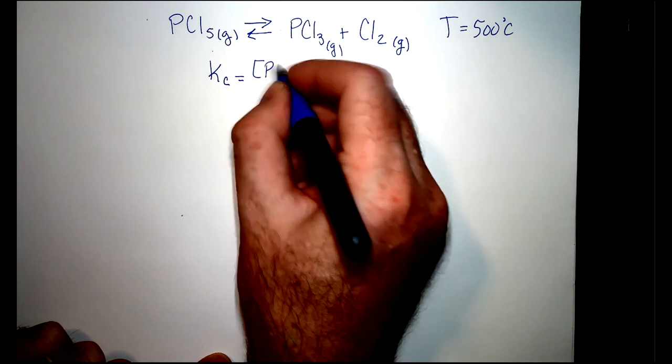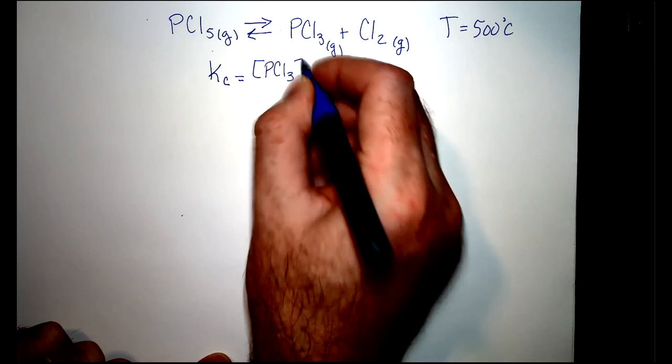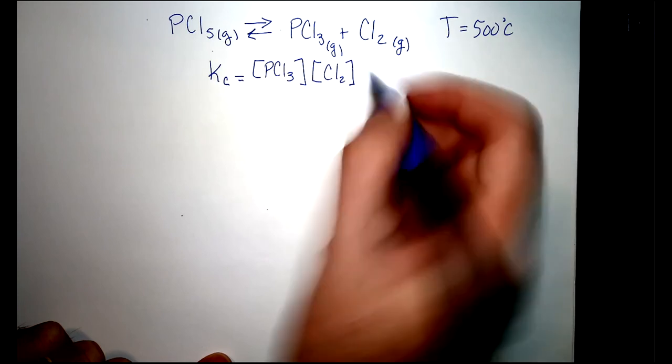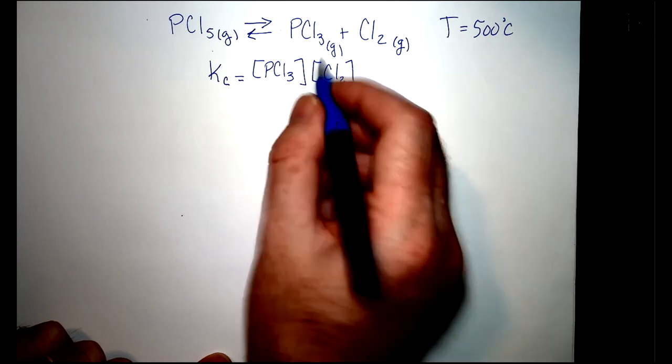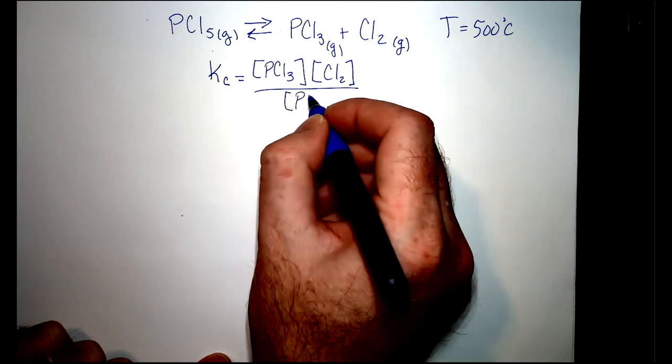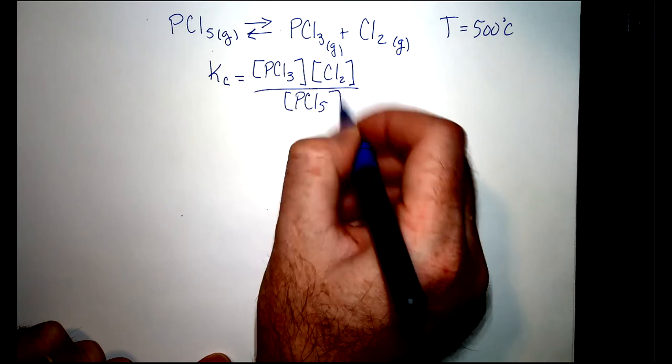So it's going to be PCl3 times the concentration of Cl2. All the coefficients are 1 in this one, so we don't need any exponents. And then the PCl5 on the bottom.